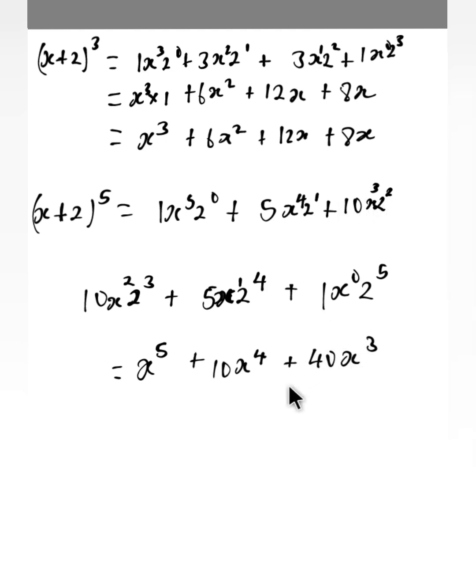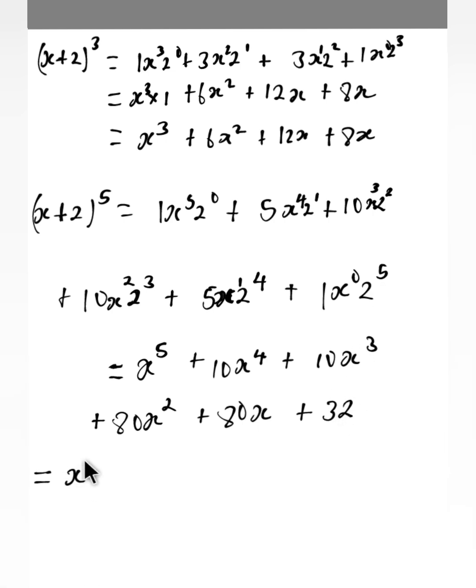x to the power 3 plus 10 times 2 to the power 3, which is 8, so 10 times 8 is 80, x to the power 2 plus 5 times 2 to the power 4. 2 to the power 4 is 16, and 16 times 5 is 80x, plus x to the power 0, which is 1, times 2 raised to the power 5, which is 32.